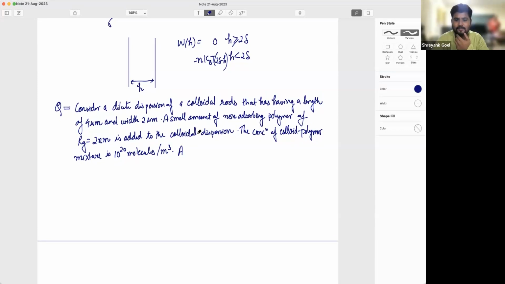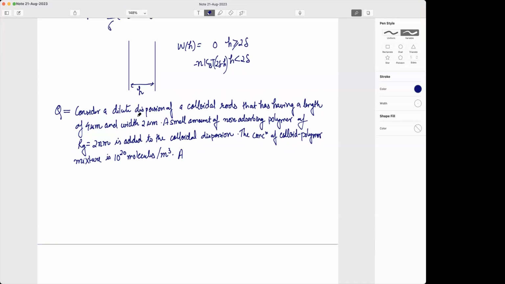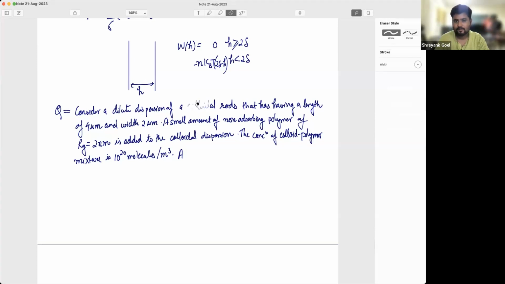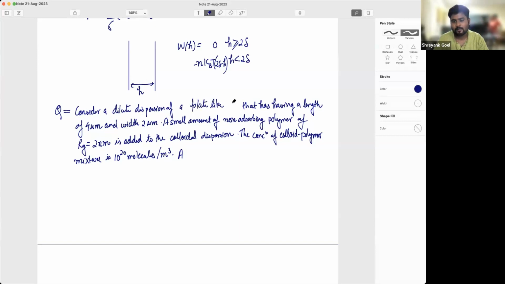So you could say a dilute dispersion of plate-like particles or something like that. That's more appropriate. Yes. Thank you. Plate-like particles.